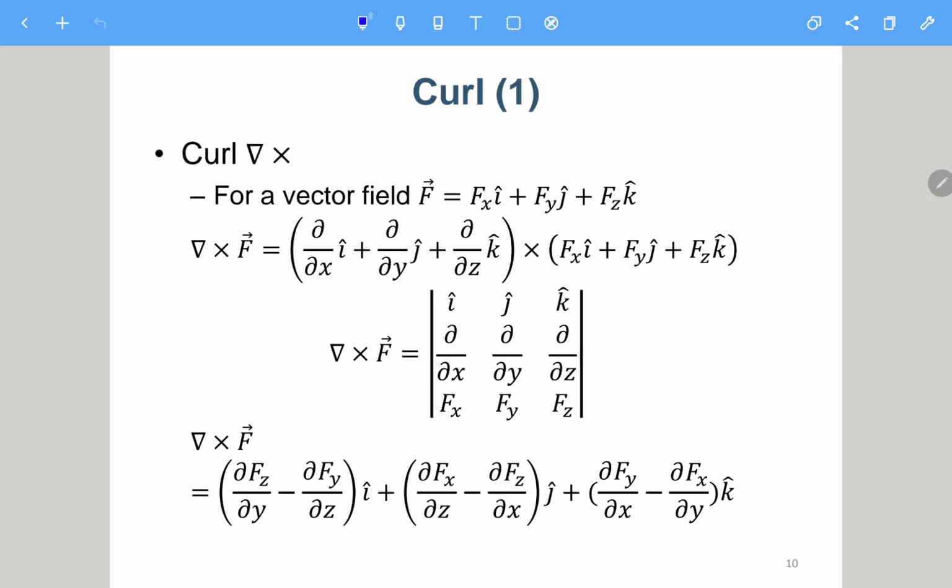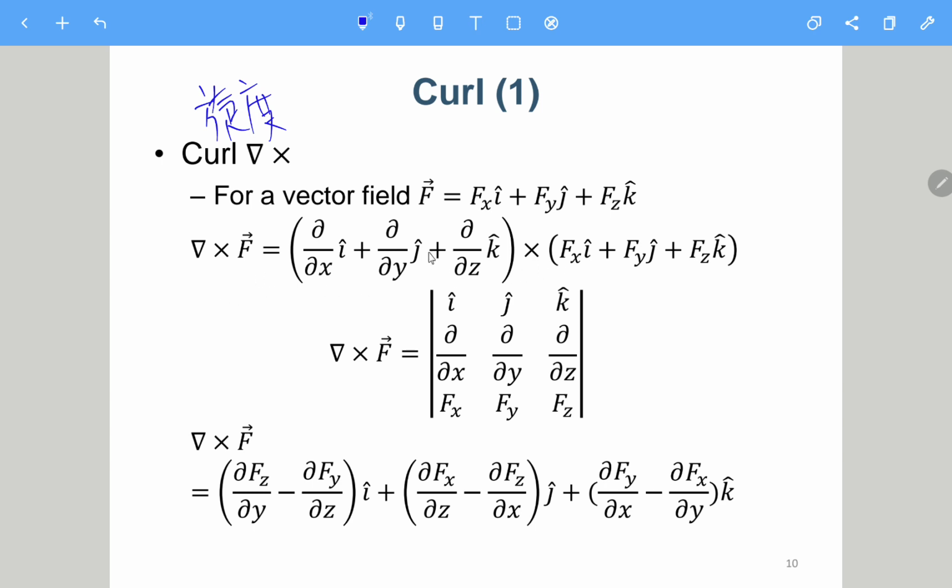And the other operator is called the curl. So we have the gradient cross product. So similarly, we will try to calculate this one, the curl of F. In Chinese, it is called 旋度. So it is related to rotation.